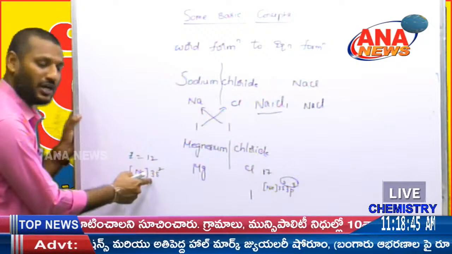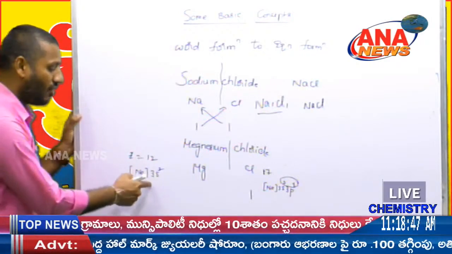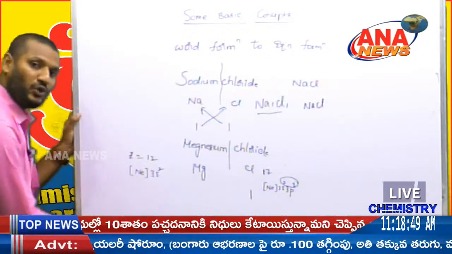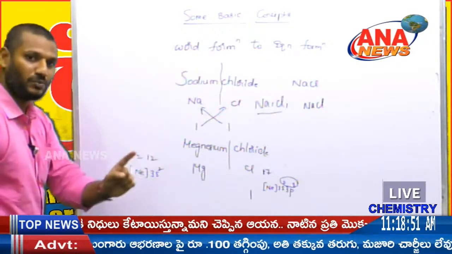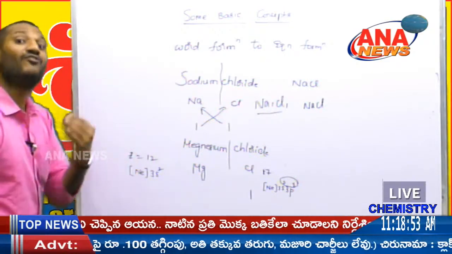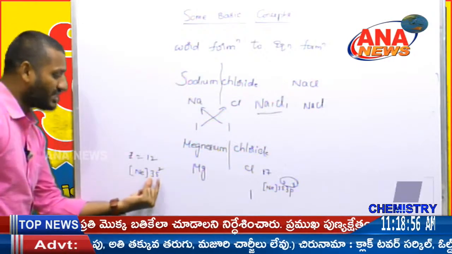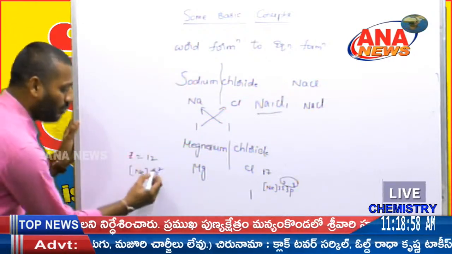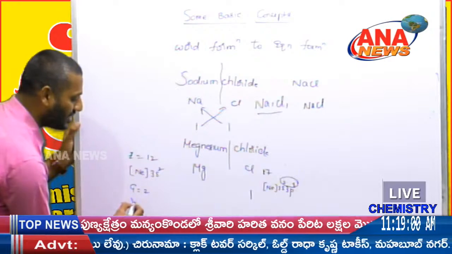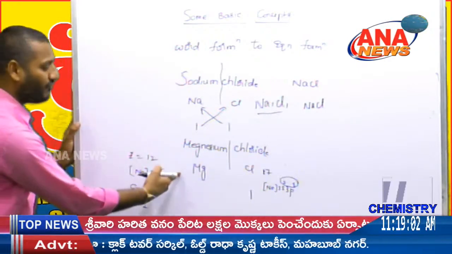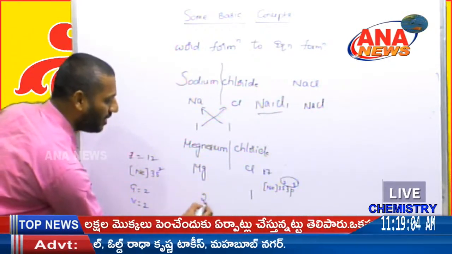That is the third period because of the outermost configuration. Up to the fourth group, groups 1 to 4, the group number exists as the valency. So what is the group number of magnesium? The group number is 2, so the valency is also 2. So we can easily find the group number, that is 2.